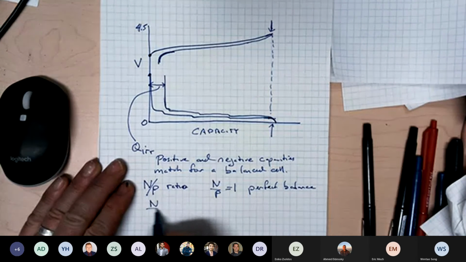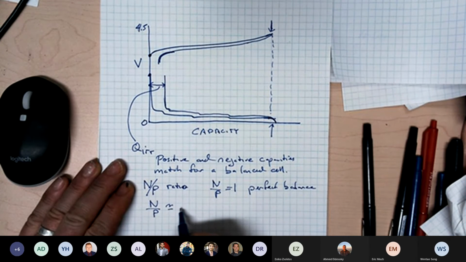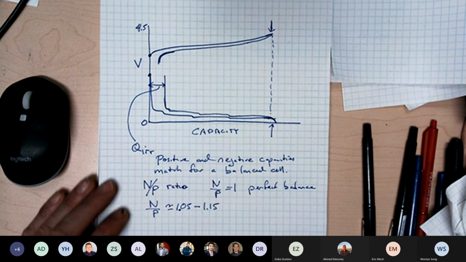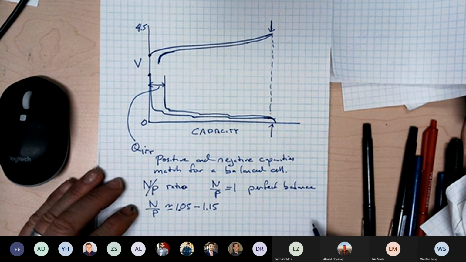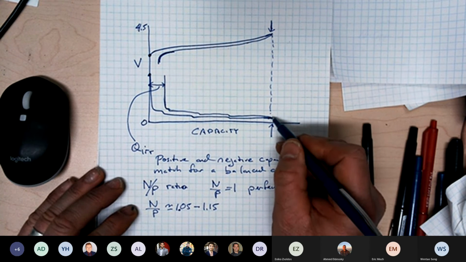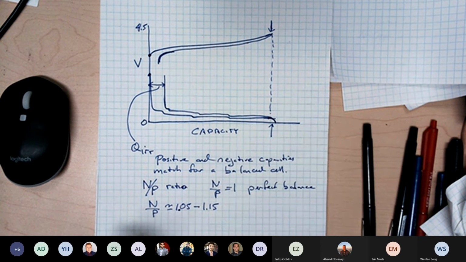Commonly, N to P is between 1.05, maybe up to 1.15, depending on the cell design. But what we're going to do today is work out what happens when the N to P ratio is exactly 1.